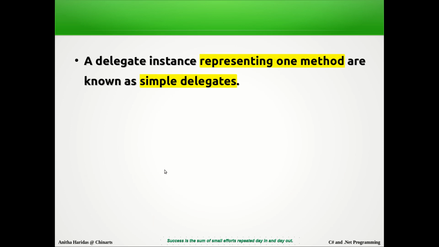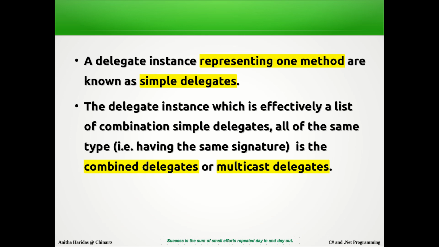A delegate instance representing only one method is known as a simple delegate, whereas a delegate instance which is effectively a list of combination of simple delegates, all of them being of the same type, that is, all the delegates having the same signature, is called a combined delegate or multicast delegate.